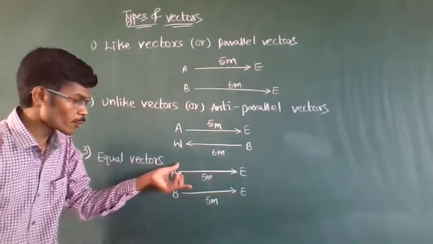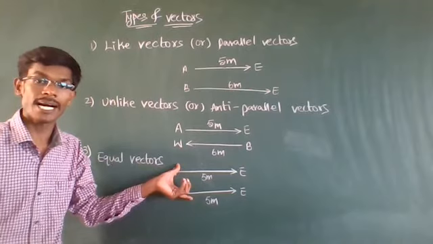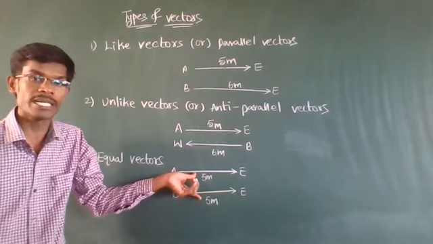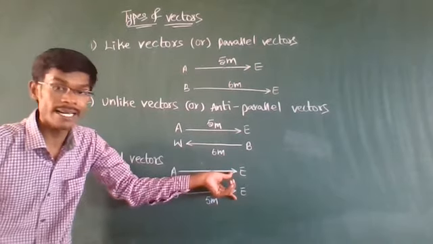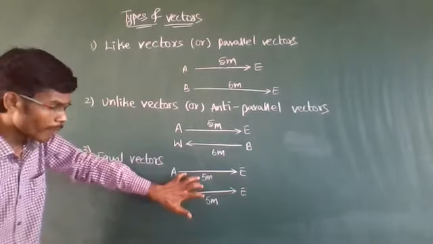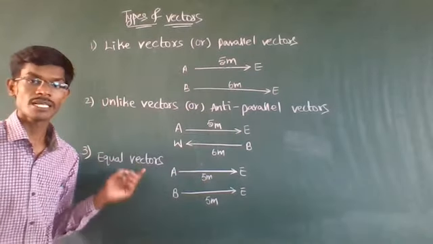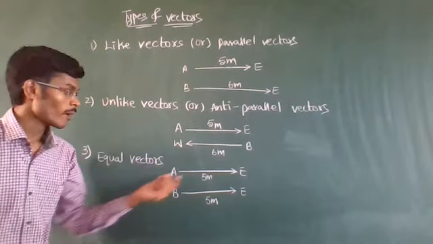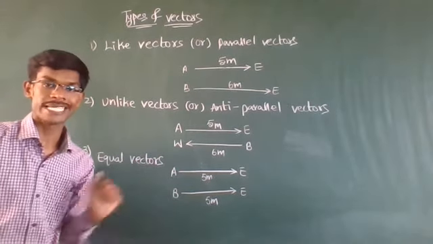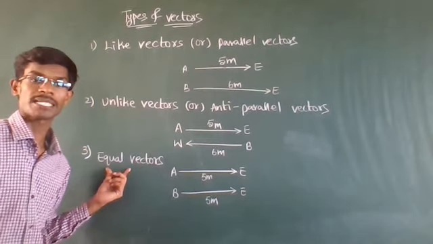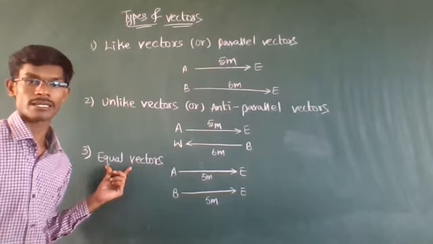Looking at these two arrows, what can we observe? Person A and person B have both covered a 5 meter distance, and both are running along the east direction. It means the direction is the same and the magnitude is also the same. The vector physical quantities which have the same magnitude and direction, we can represent as equal vectors.